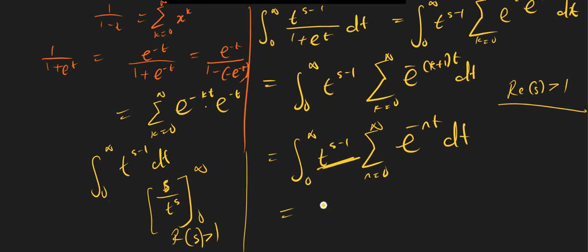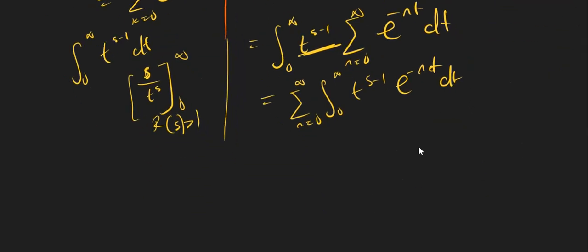You would have the sum as n runs from 0 to infinity of the integral from 0 to infinity of t^(s-1) e^(-nt) dt. Now notice here that by definition of the gamma function, 1 over k^s equals 1 over gamma of s times the integral from 0 to infinity of t^(s-1) e^(-kt) dt.